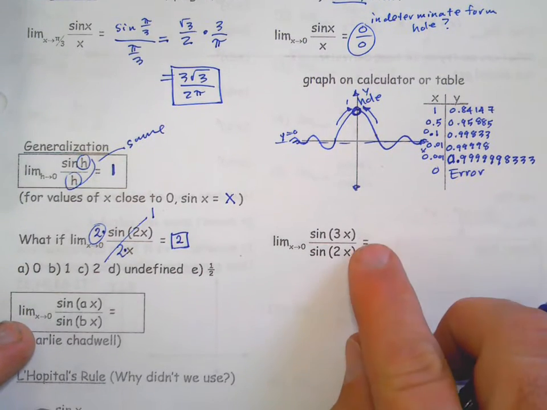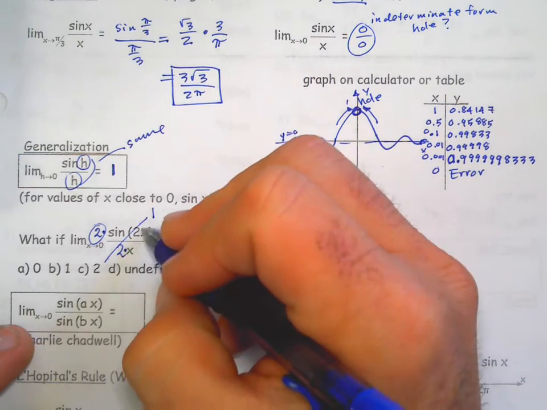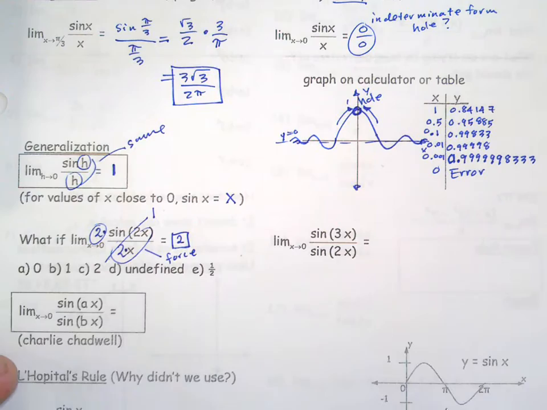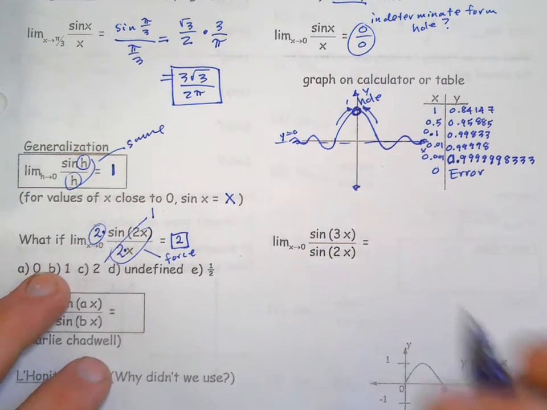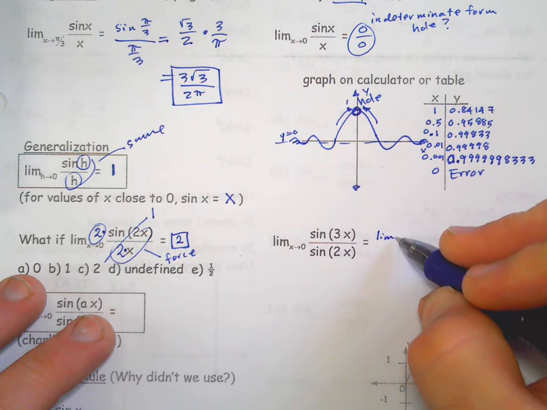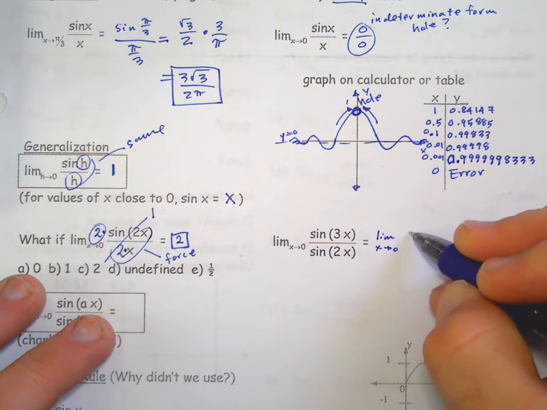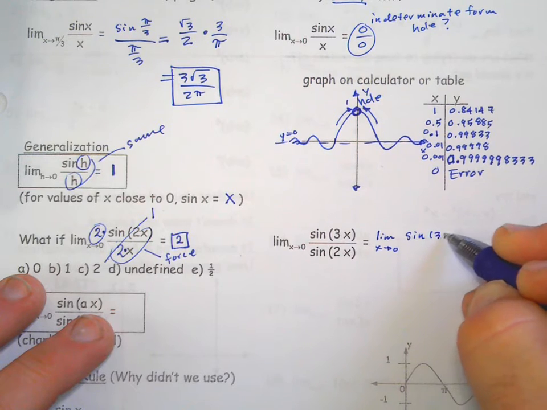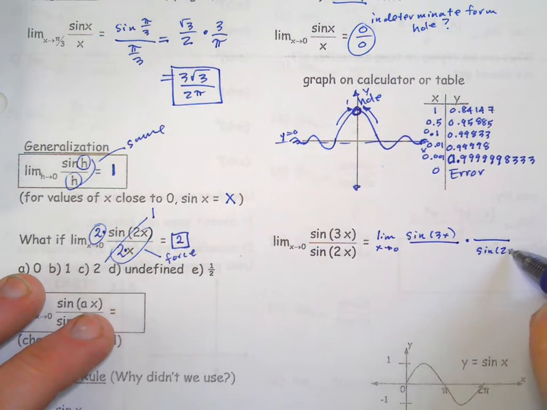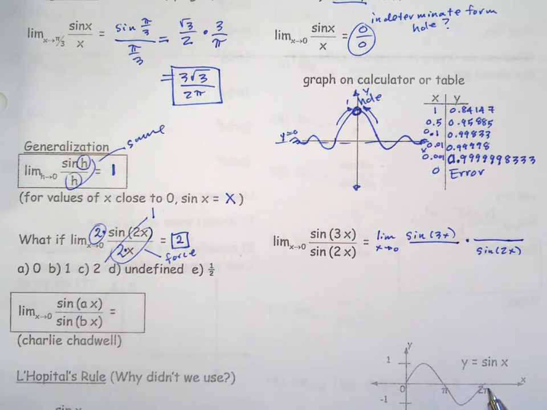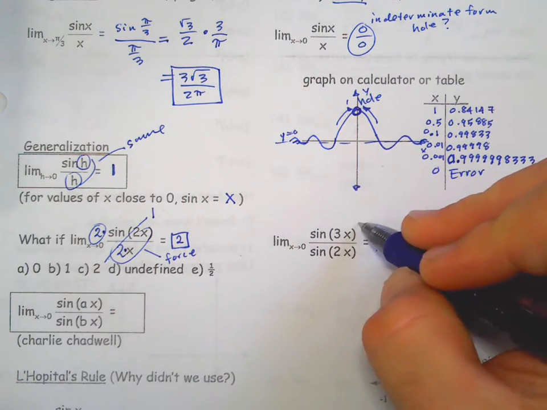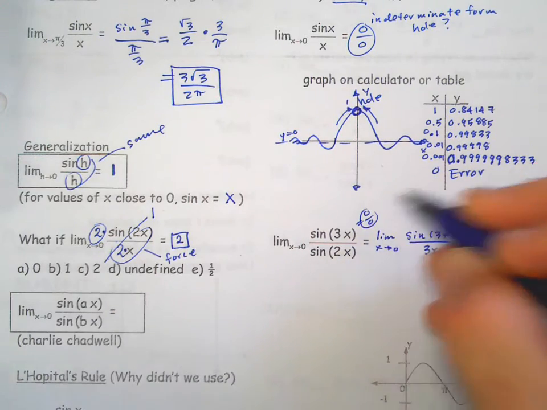Now, this next one right here, we're forcing this pattern to occur, and we can, as long as we balance it out. So in this one right here, the first thing I would probably do is just kind of split it up. And then what I would like to happen is I'd like a 3x to be here. Now, by the way, if you plug 0 into this, you get 0 over 0, and there is a hole in this graph.